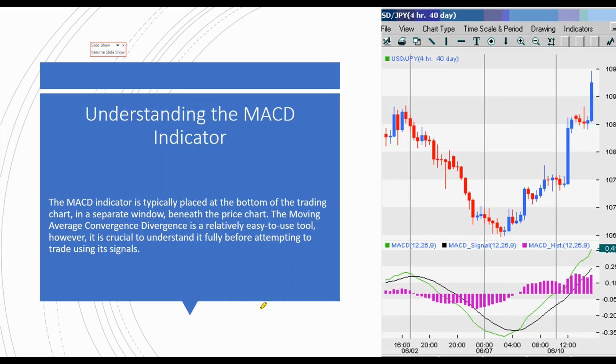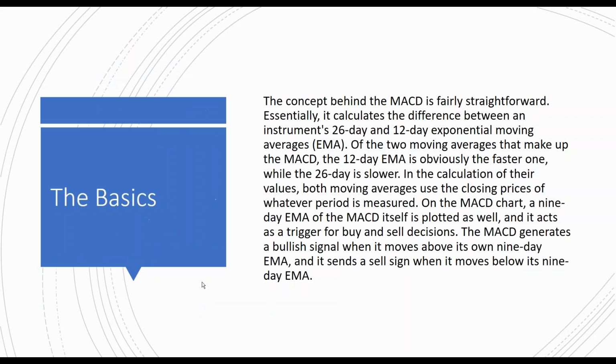Okay. So as I said, the MACD indicator is typically placed at the bottom of the trading chart in a separate window. Since it's placed on a chart, what does it make it? It makes this technical analysis. Okay. The concept behind MACD is fairly straightforward. Let's not make it more complicated, because you don't have to do any of the calculations.